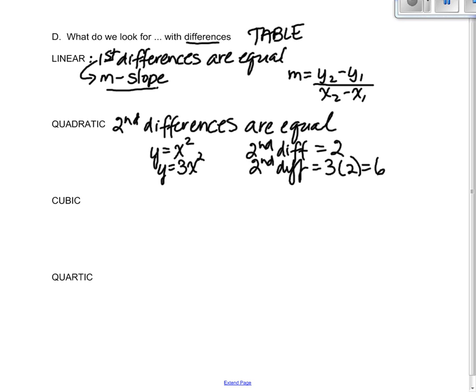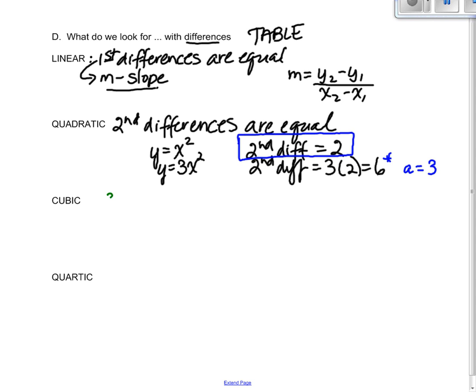So the one that we want to remember is that for the basic y equals x squared, your second differences are 2. That can help us determine what the leading coefficient is. So if we find that our second differences are all 6, then we know that our leading coefficient is 3.